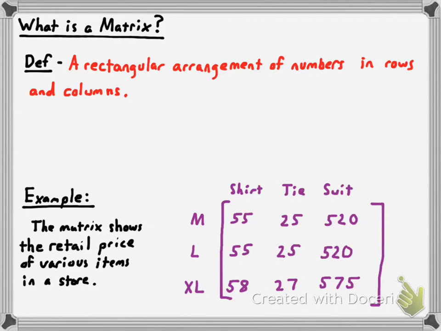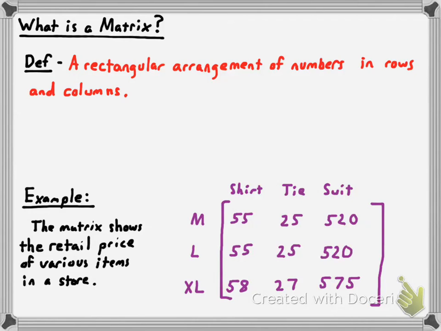I can multiply all those numbers by 90% and very easily see what is the sell price for each one of those items in the store. Matrices have a lot of applications, especially in computer programming and so forth. Lots of things you can do with them. And again, they're used to do a lot of calculations with a lot of numbers very quickly. All right, so that's what a matrix is.